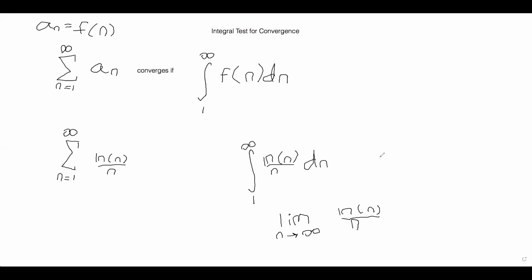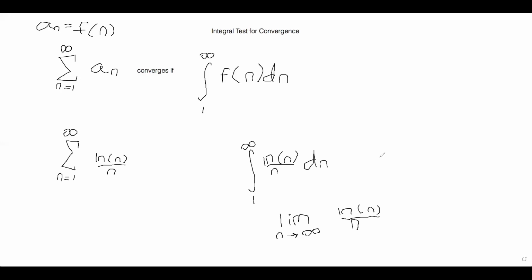We could make an XY table, take larger and larger values of n, and see what effect that has on the function itself. Another way would be to look at a graph. We could open Desmos and take a look at the end behavior, and the end behavior would tell us exactly if this thing converges to 0.